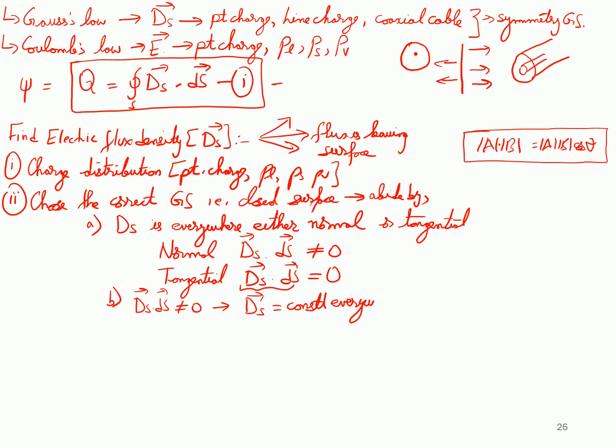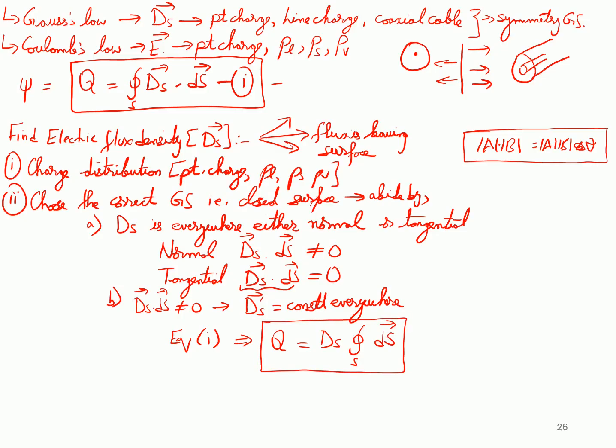So this simplifies our equation in terms of analysis. This means that equation number 1 for Gauss's law is now simplified as the charge equals D of S, which is now a coefficient. It will be outside the closed surface integral, and we will be only left with integrating the element, which is a small portion, that is dS.